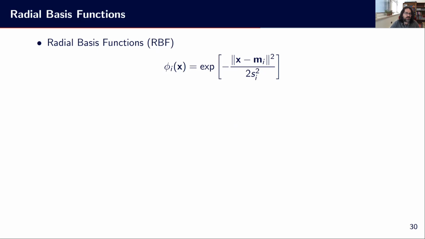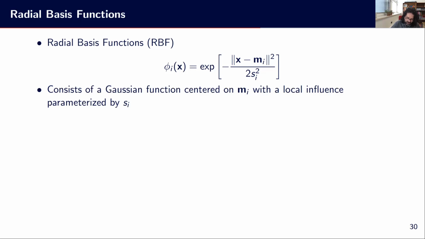There are also radial basis functions, a fancier basis function that is quite commonly used, which makes a projection similar to a Gaussian distribution, simplified to this form. Basically, it's the exponential of minus the squared L2 norm of x minus m_i, divided by 2 times s_i squared. It consists of a Gaussian function centered on m_i with a local influence parameterized by s_i.